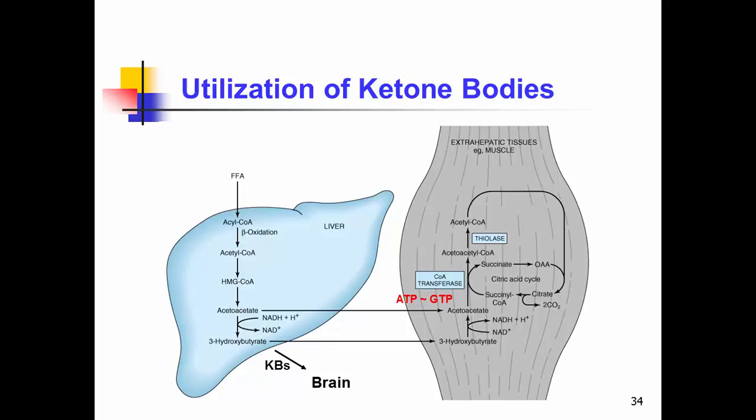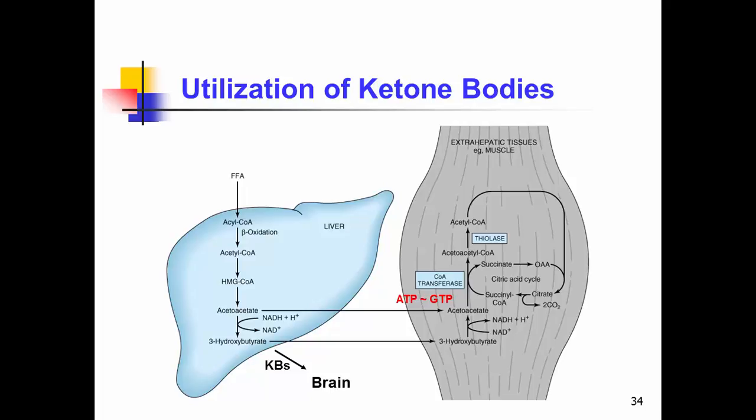And this process involves succinyl-CoA, which is part of the TCA cycle, right? Once acetoacetyl-CoA is made, it's broken down to acetyl-CoA by thiolase, and acetyl-CoA then enters the TCA cycle for complete oxidation, right? So here is a key enzyme for ketone body utilization, which is succinyl-CoA transferase.